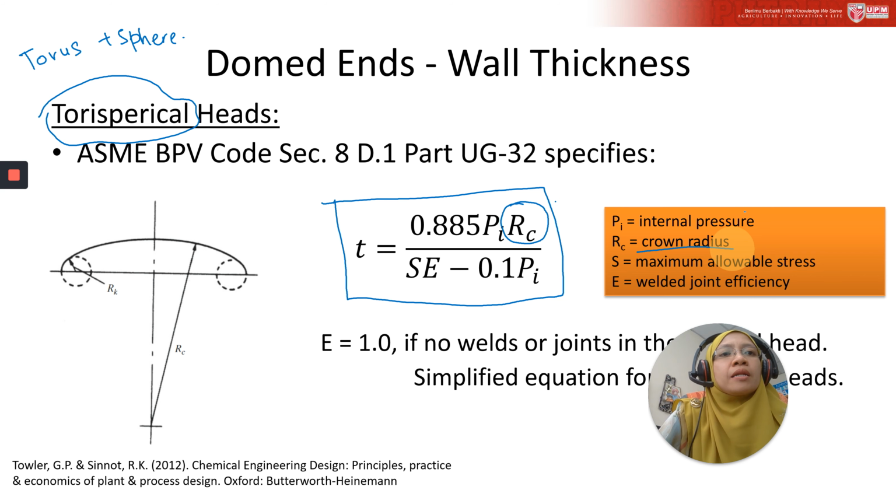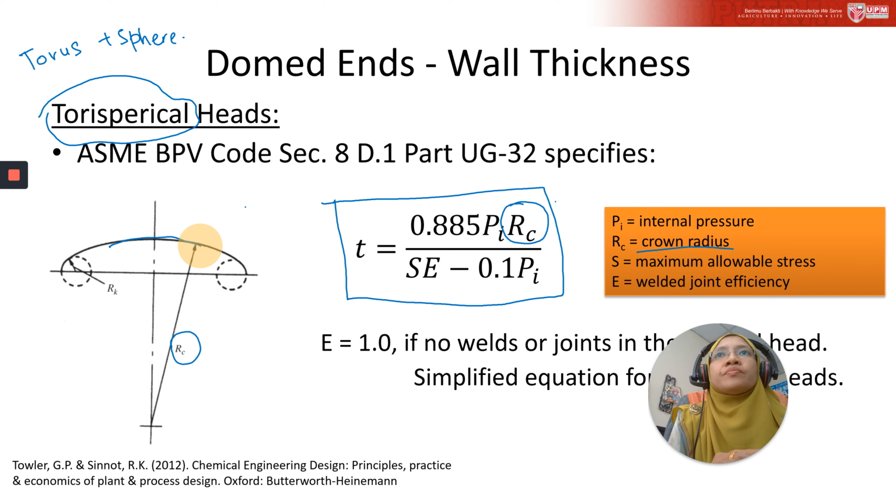For torispherical, this is RC, which shows the radius. This is the part of the crown radius.